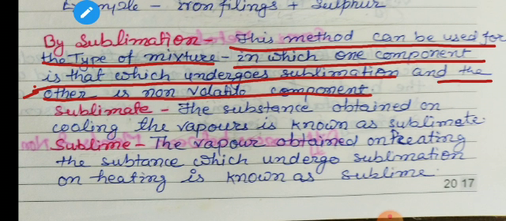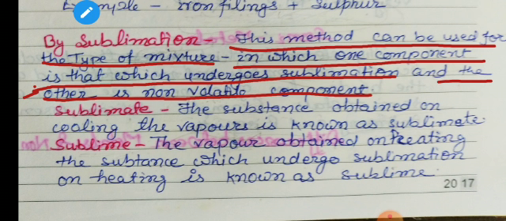And students, sublimation, I think you remember, is the process in which some substances pass directly from solid into vapor without passing through the liquid state, or the conversion of gas into solid without passing through the liquid state.